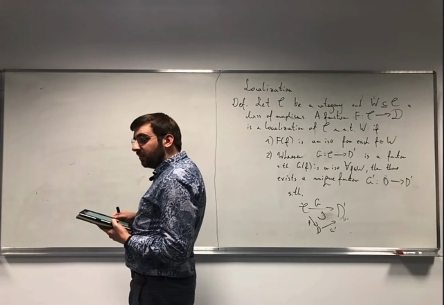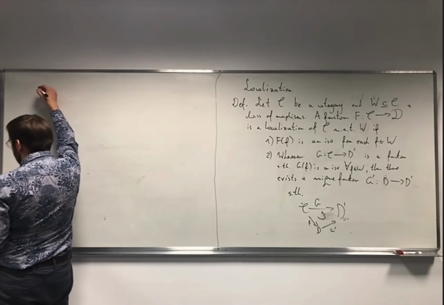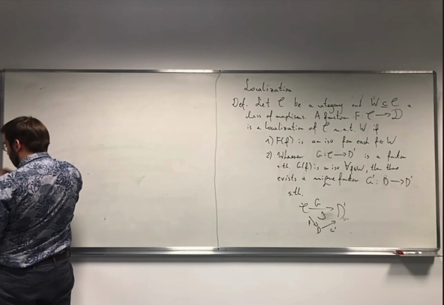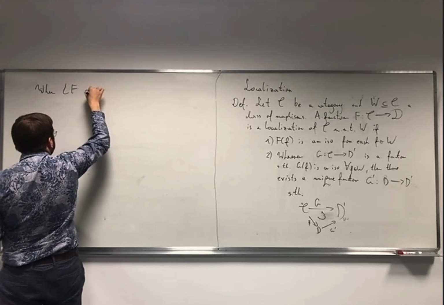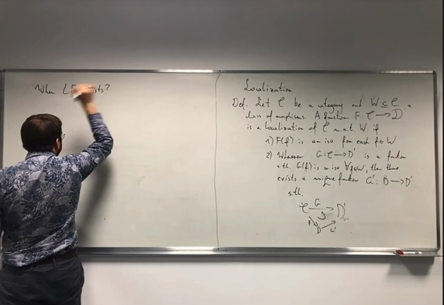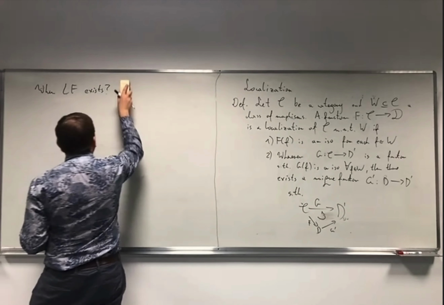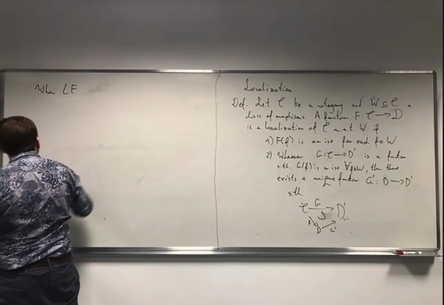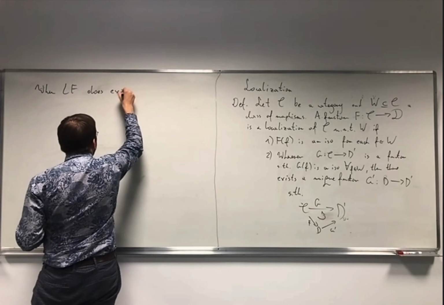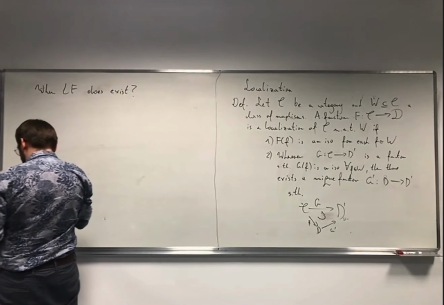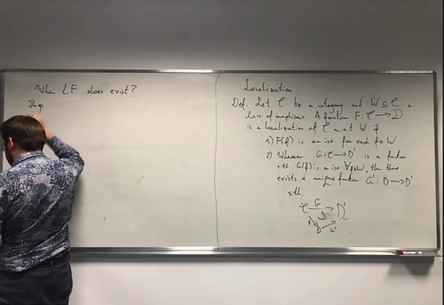Yes, I'm going to answer this question now. So the question sounds as follows. When LF exists, or to put it more grammatically, when it does exist. Okay, so the answer is given by the following proposition.